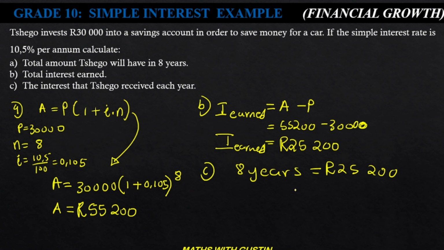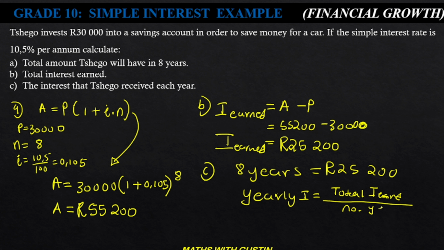So we take our total interest and divide it by the number of years. Yearly interest is the total interest all over the number of years that the money was deposited.